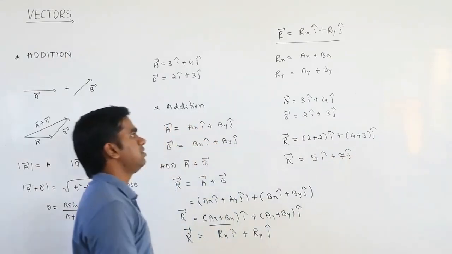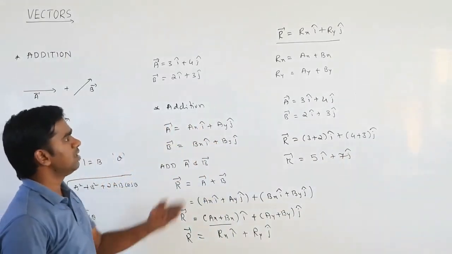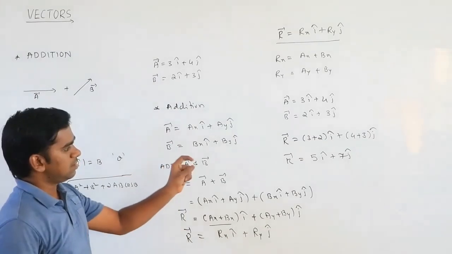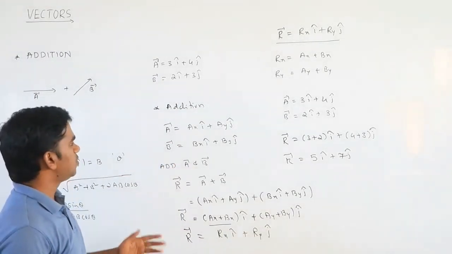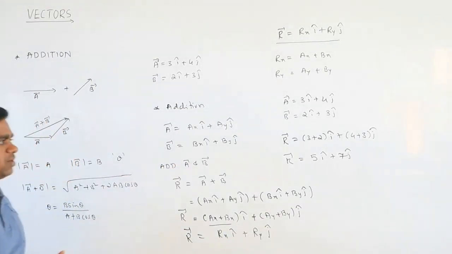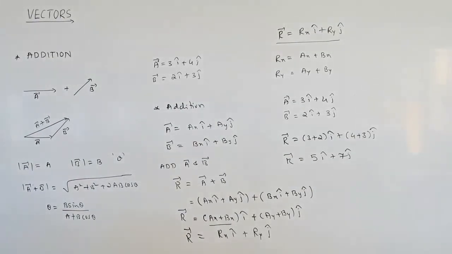Like this we can get the resultant or addition of two vectors when they are given in terms of the unit vectors i cap and j cap.